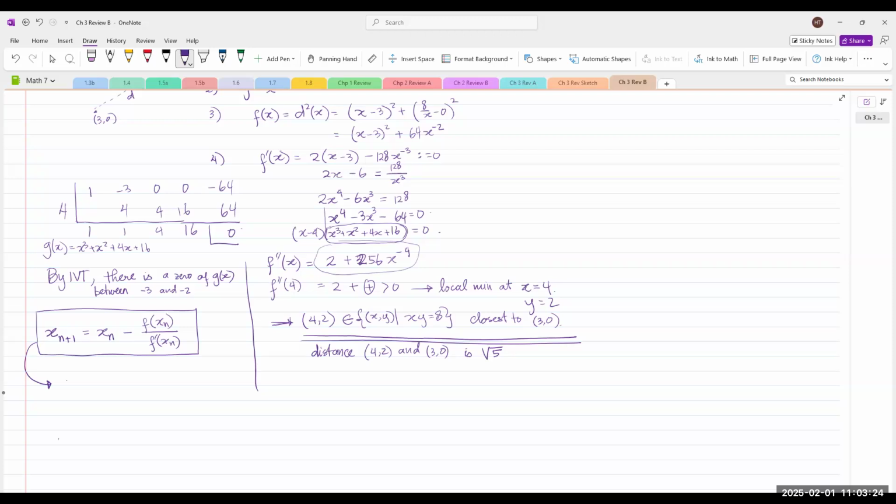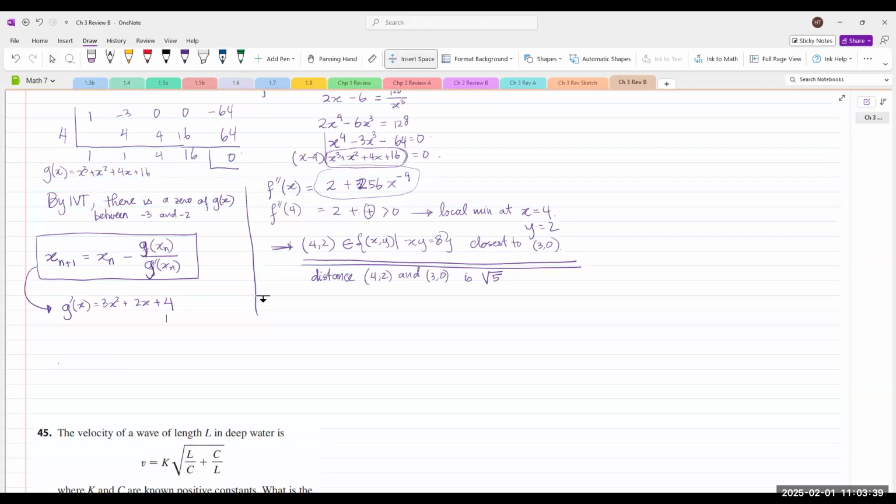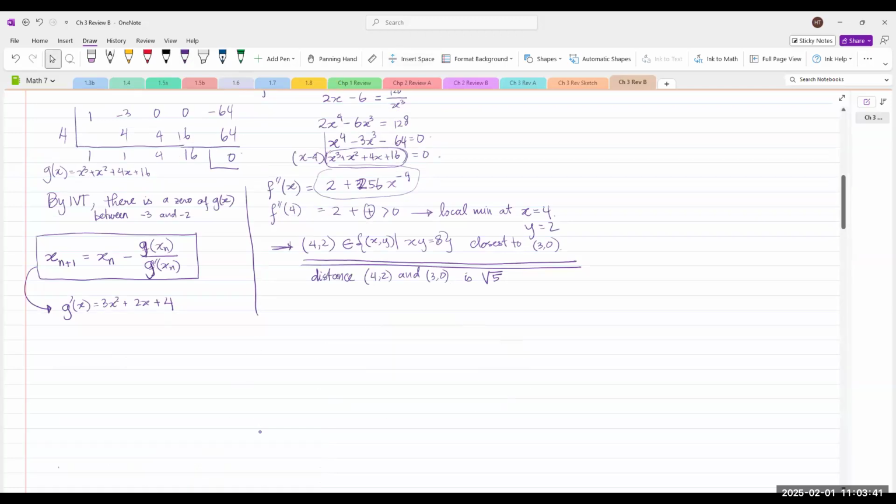So in this case, it's g, not f. So g prime(x) is 3x squared plus 2x plus 4. Now let's choose a number to estimate from. It's between -3 and -2, right? Let's choose some number in the middle, -2.5.